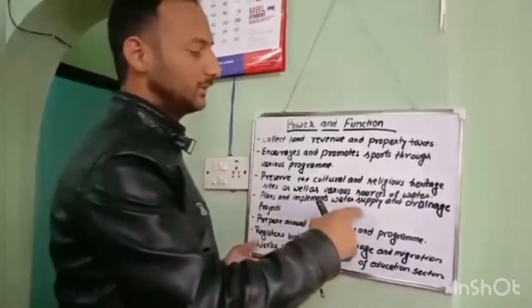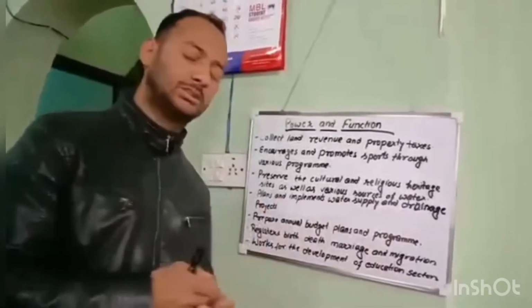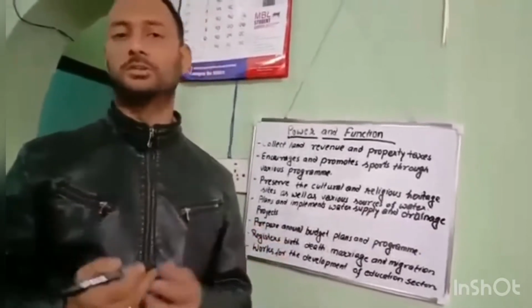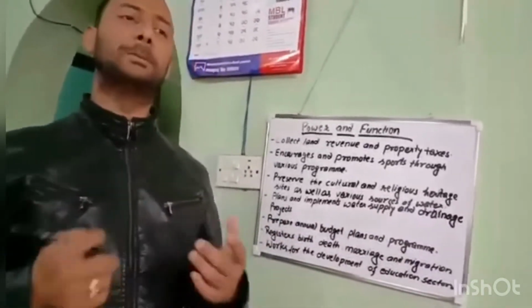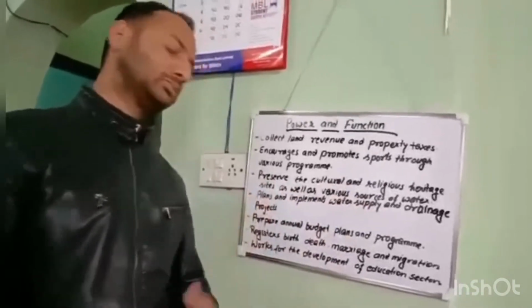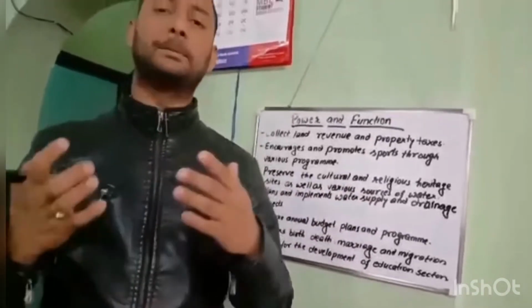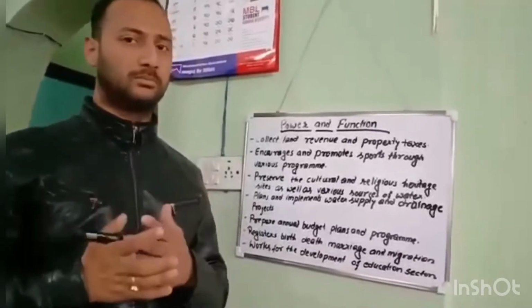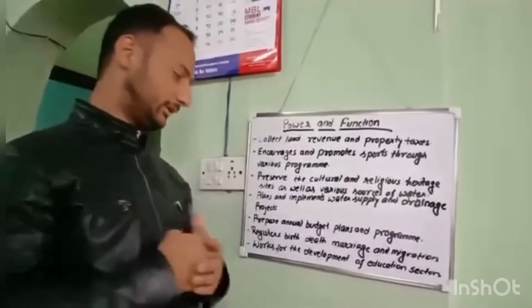Plan and implement the water supply and drainage project. The main function of the municipality is to plan and implement programs about water supply and drainage projects, because people are facing various kinds of water and drainage problems in our country.